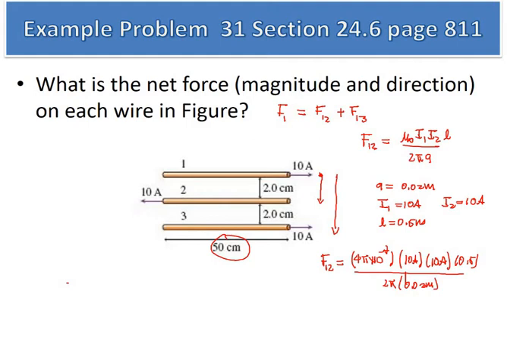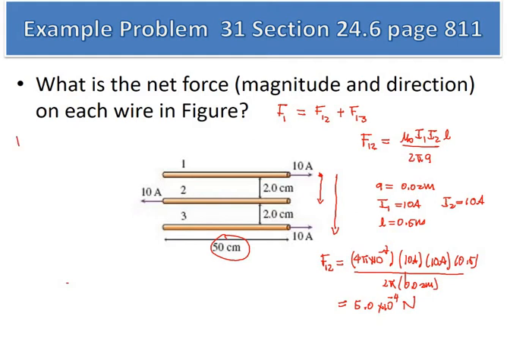Okay, and if we do the calculation using your calculator, you will get something like 5.0 times 10 to the minus 4 newtons.